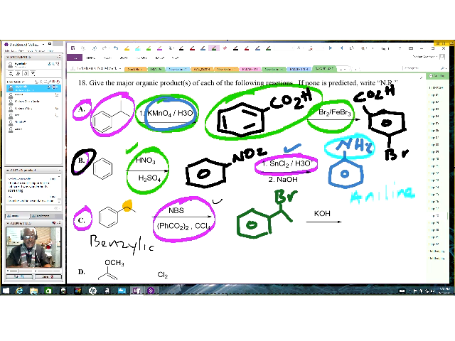It will replace one of the benzylic hydrogens with a bromine atom. Now, they want us to take the secondary alkyl bromide, which is this here, and react it with potassium hydroxide. What do you think the product will be?